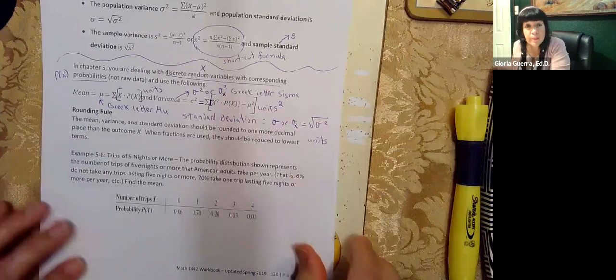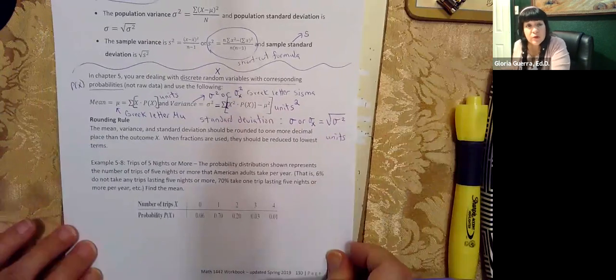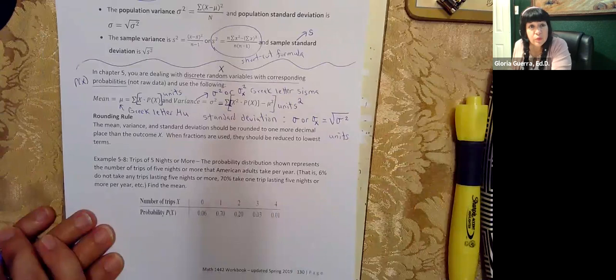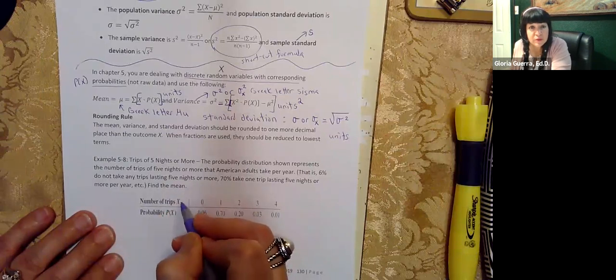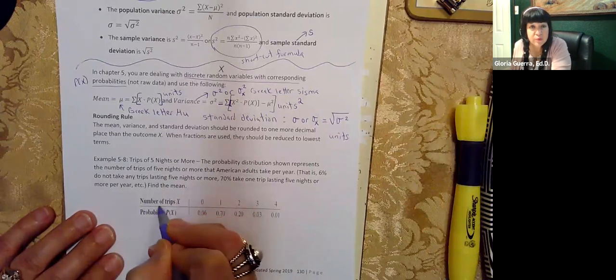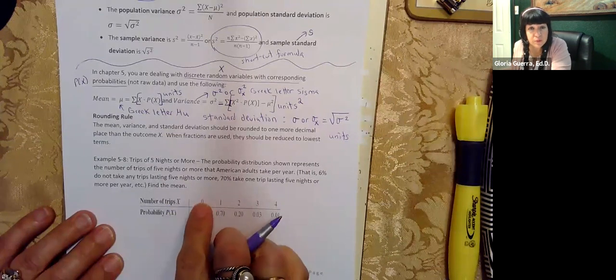Okay. So it says that there is a rounding rule also. The rounding rule for the mean and the variance and the standard deviation are all the same. Should be rounded to one more decimal place than the outcomes of x. So remember, x is here. For example, this problem is the number of trips. Notice how these are predominantly whole numbers.